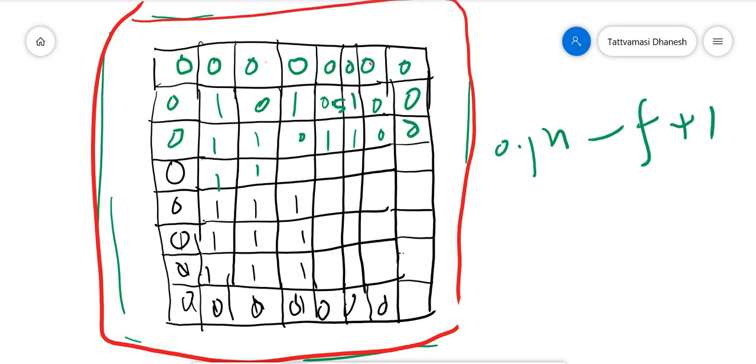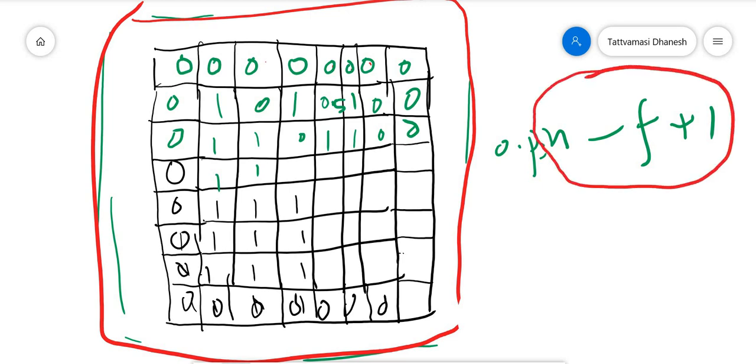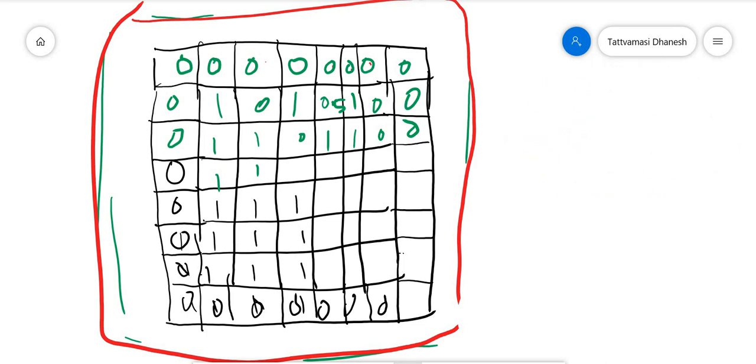When we introduce the padding, the equation changes. n minus f plus 1 can be rewritten as n plus 2p minus f plus 1.